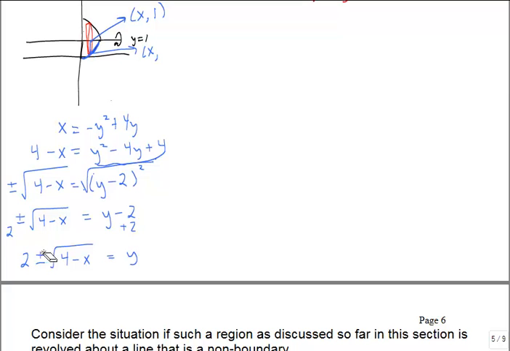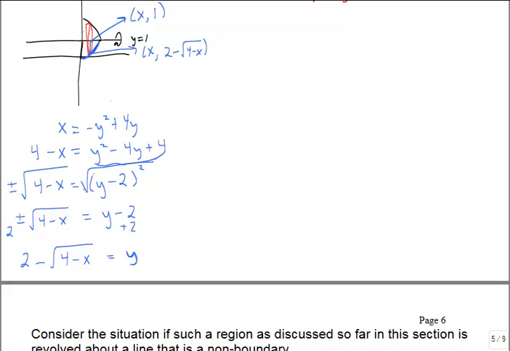So that's a little bit tricky, but you can verify looking at the graphs to see that we really do want the minus case to get this lower part of the curve, this little blue piece that I have right here. So this bottom y value, this y will be 2 minus square root of 4 minus x.